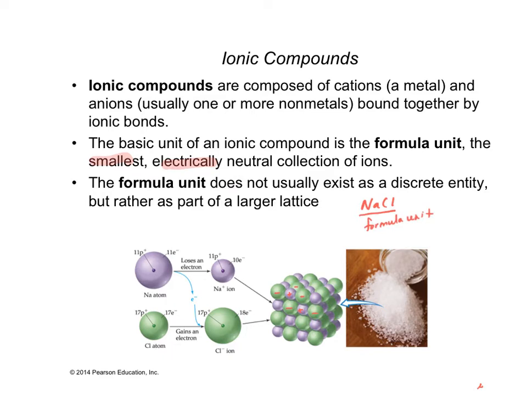And so we represent this real structure by the formula unit, which is just going to be the smallest electrically neutral collection of ions. So if sodium, remember, had a +1 charge and chlorine had a -1, to make those electrically neutral, you would need 1 sodium to 1 chlorine. That's what we mean by the formula unit.